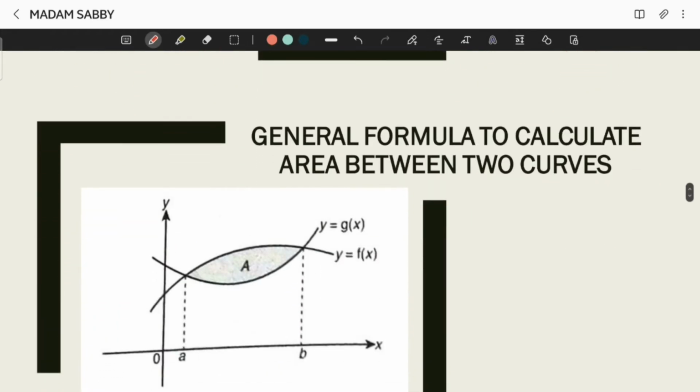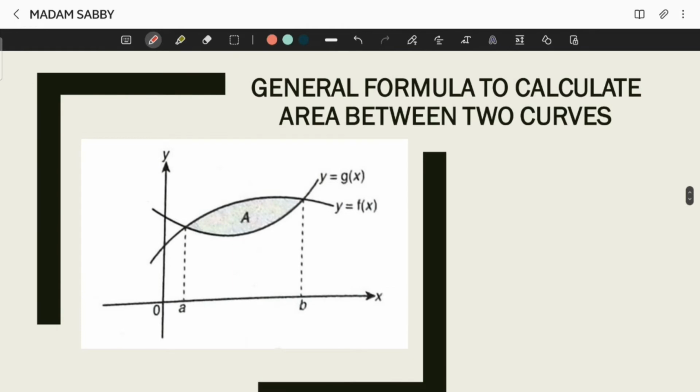But you might come to another example, which is to calculate the area between two curves. This means you will be given two different functions. From the picture given here, you have y1 equals g(x) and y2 equals f(x). So what is the area of the shaded region here?